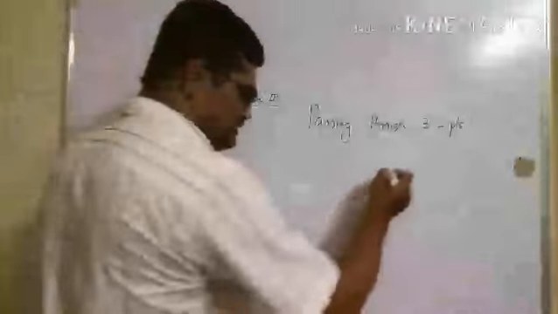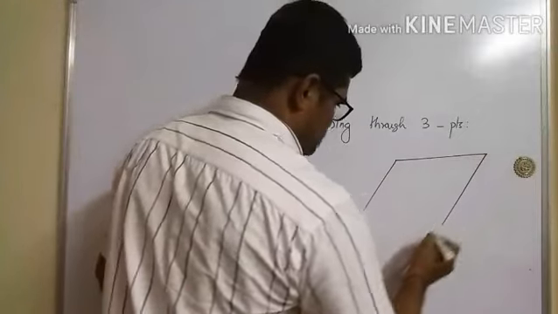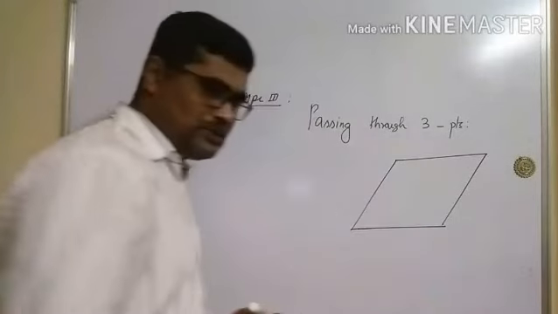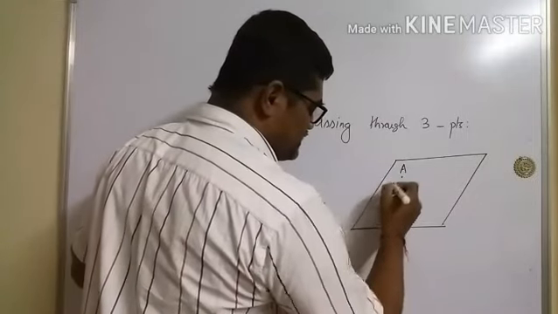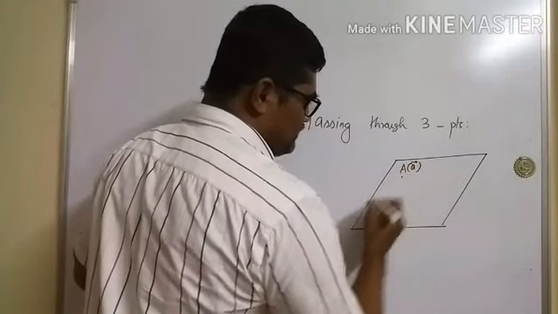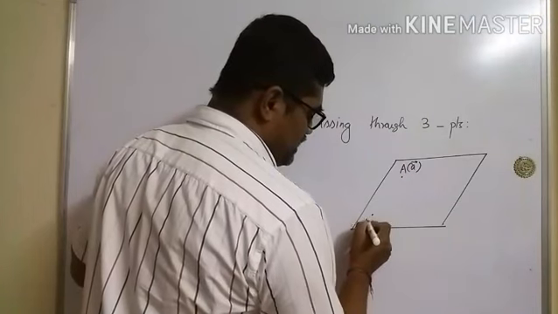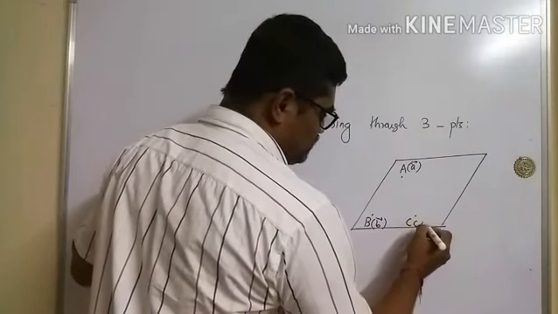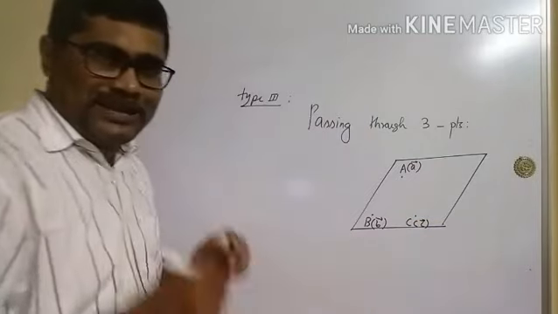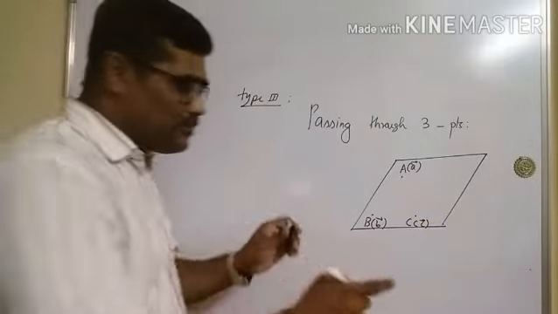So this is the plane whose equation is needed, and we had three points. This is A, position vector is a, capital B, position vector is b, capital C, position vector is c, and one variable point. Anywhere you can consider.